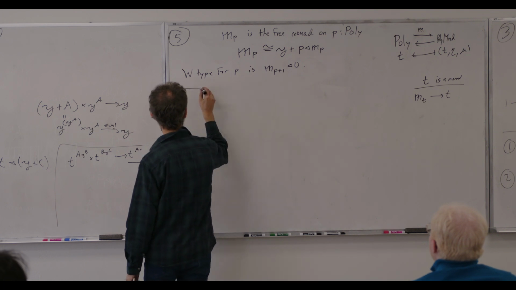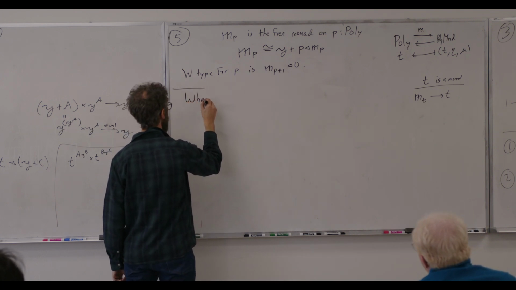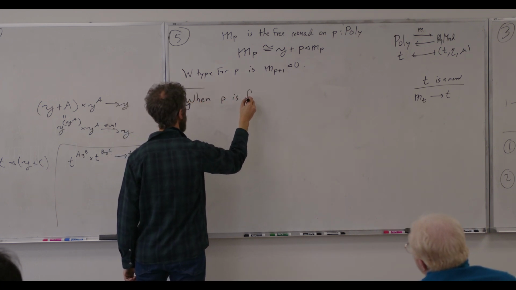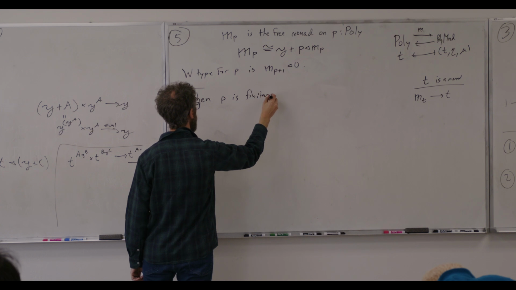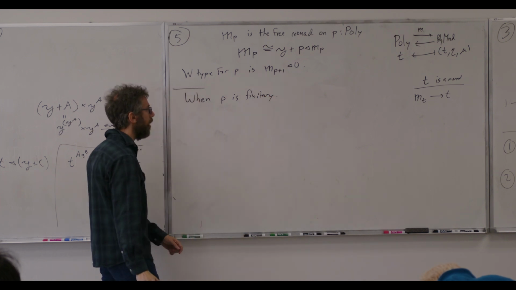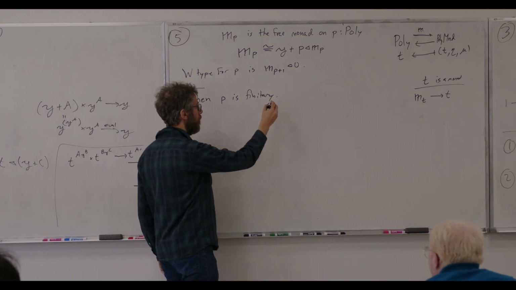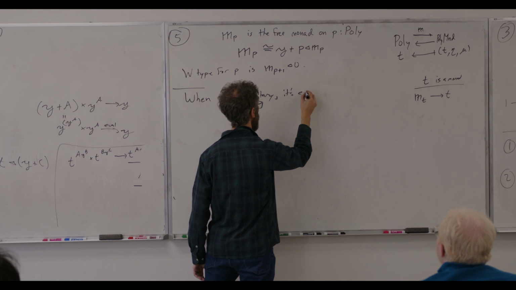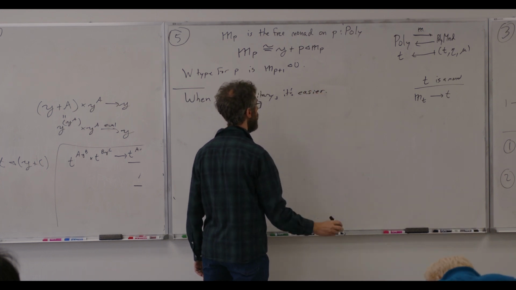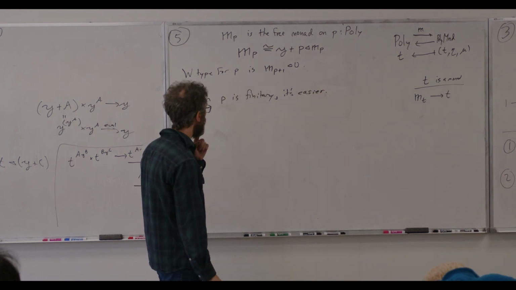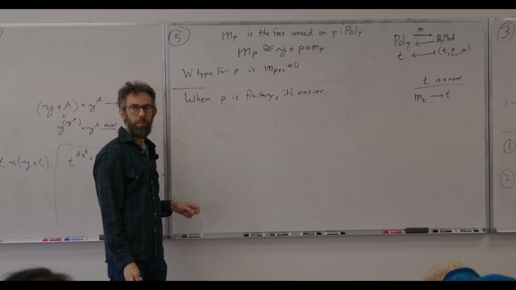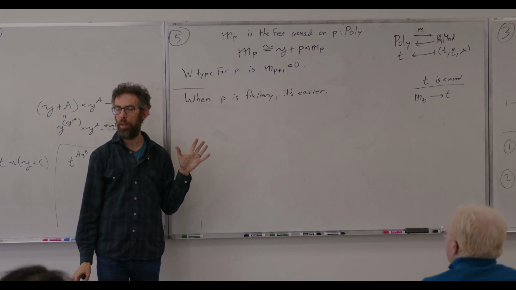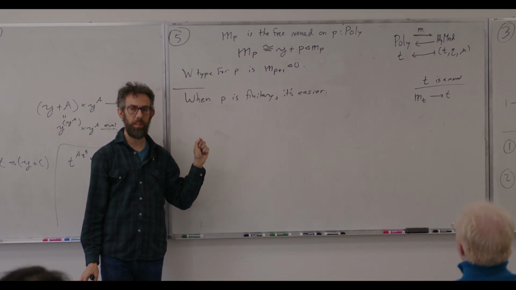The free monad, when P is finitary, is easier. If you want the full story, it's not much harder, but I don't want to go into it because I wanted to get into comonoids. So I'll tell you what to do if P is finitary. Finitary means that all the exponents are finite sets.